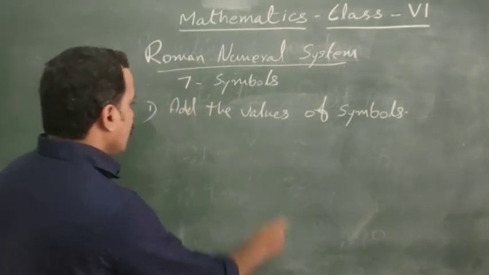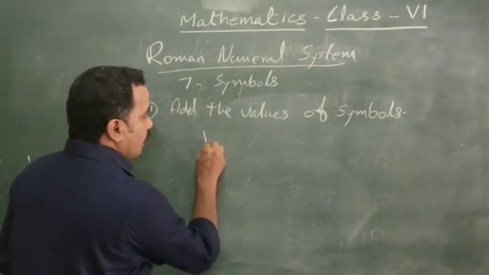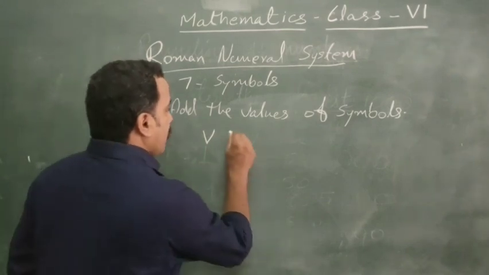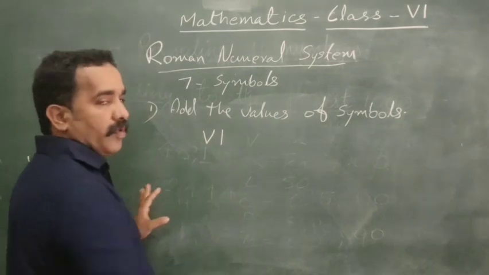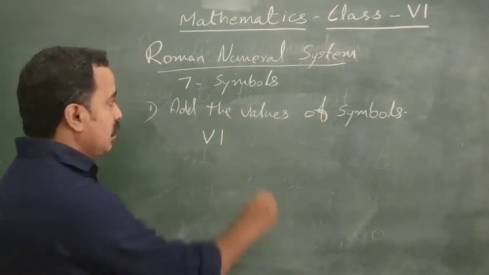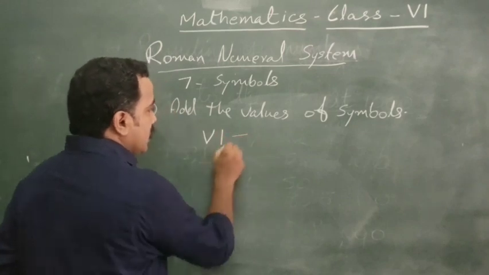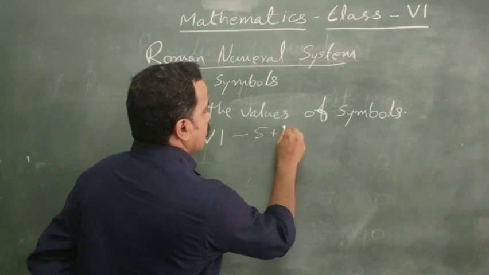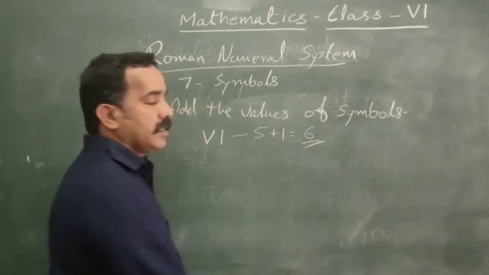For example, suppose I am writing V, the value of V is 5, and if I write 1, that is I, on the right side of V, then the value of this number is 5 plus 1, which makes 6.